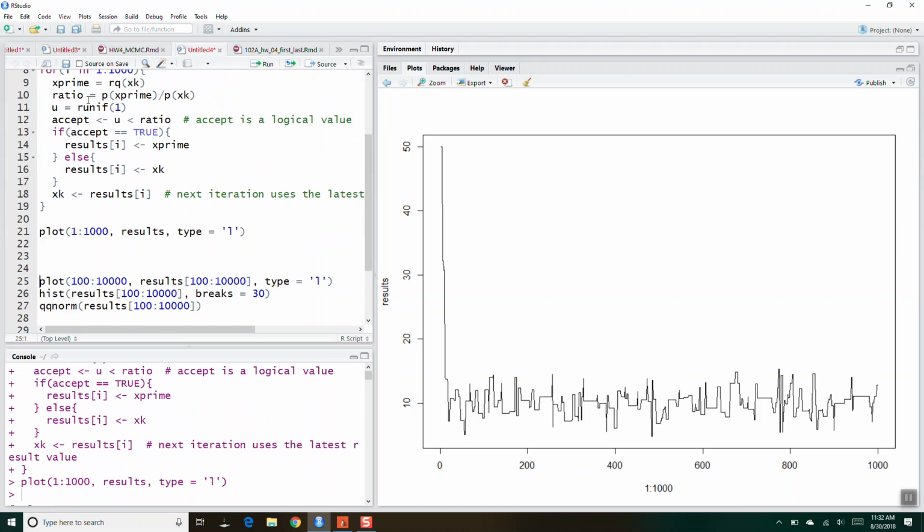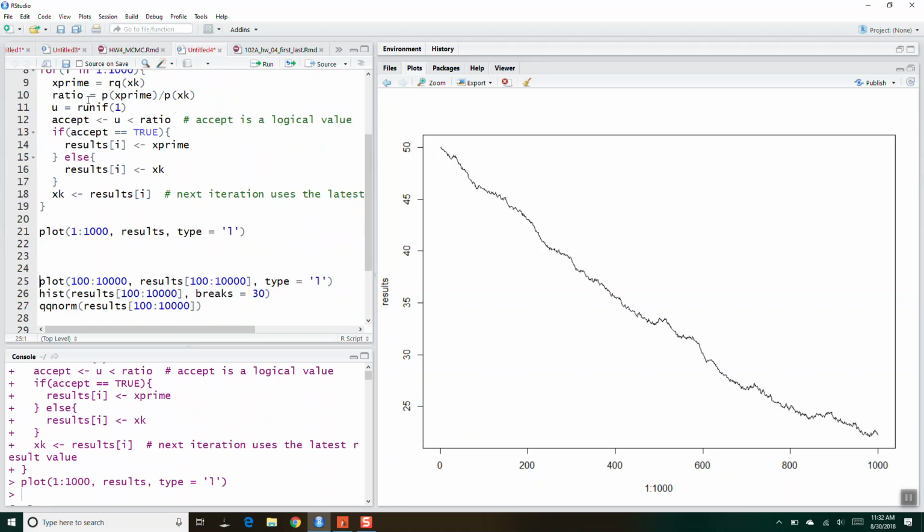Okay, so here we are moving in the correct direction, but even after 1,000 iterations, I'm still not even in the zone that's correct because I'm walking a little bit too slowly, right? Here, we'll let it run for even longer.